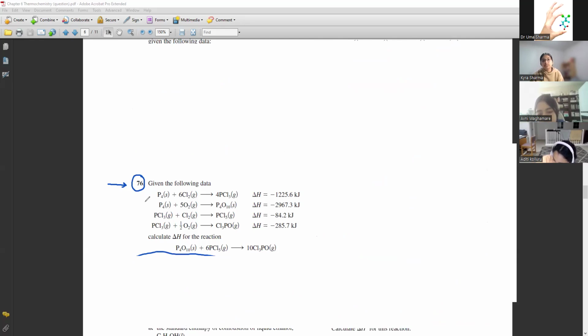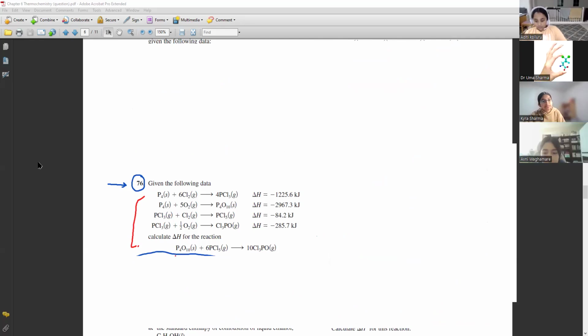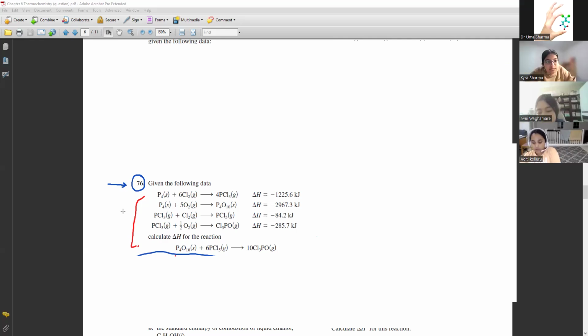Okay, let's do this. Keep telling me how to proceed. This is the desired equation, children. Focus is on the desired equation. Yes, Aditi? So if you're going to use this, focus on the unique reactants and the unique products.